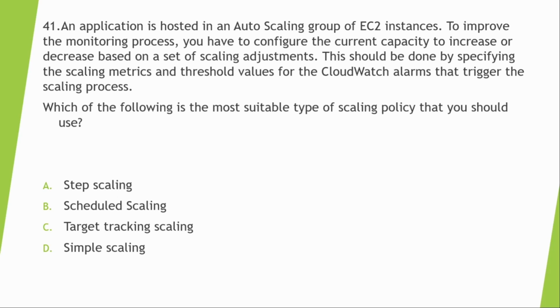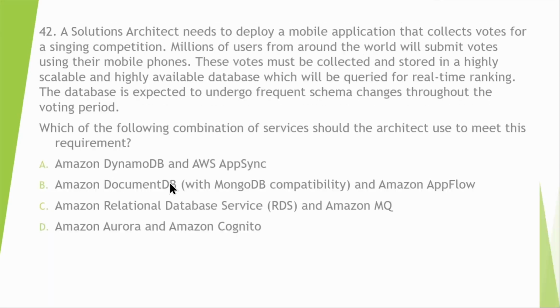And target tracking scaling is based on a target value. If you have achieved that metric value, then only it will increase or decrease your resources. So this is a very simple and straightforward question. Set of scaling adjustments, so the correct answer is step scaling.